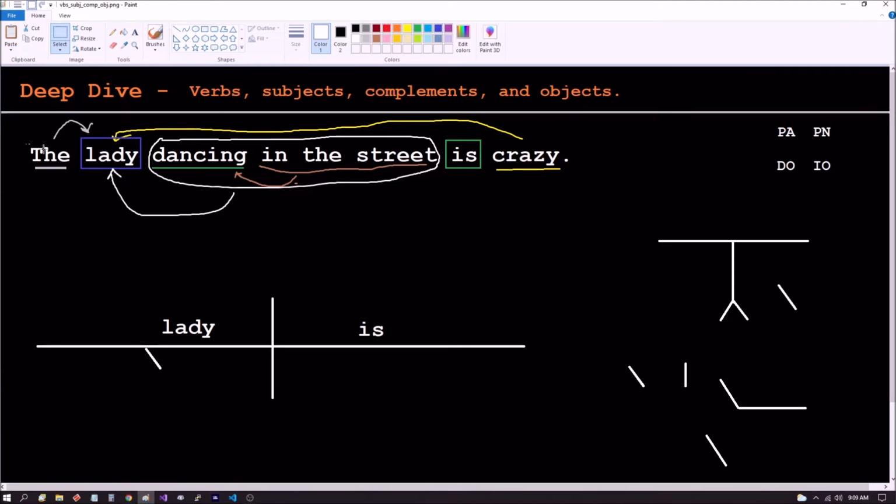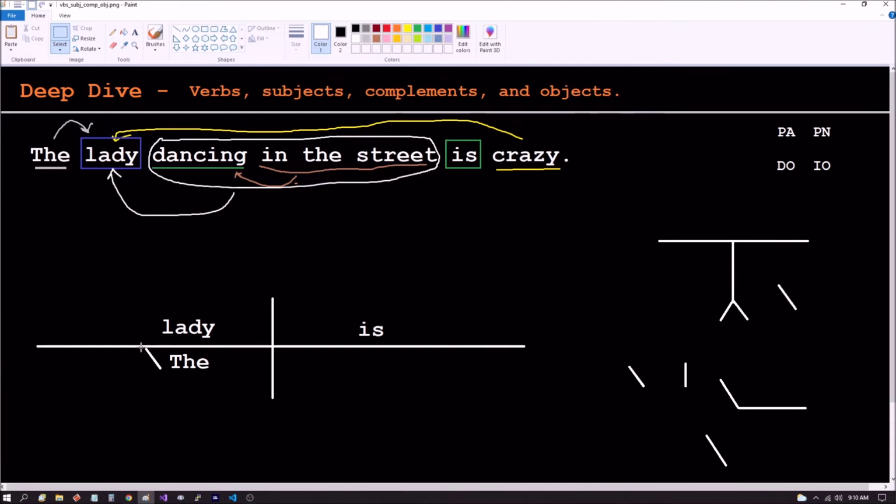I can't do that in Paint, so I'm just going to put it like this. But you would write the determiner, and you would keep it capitalized too, so that when you look at the diagram, you could see what the first word was. It should be written on the slant, in the same direction that the slant's going. So which lady? The lady, right? Any other adjectives that are defining her would also go under there.